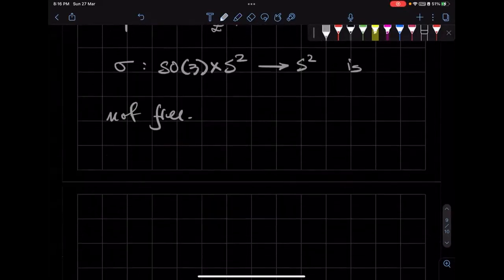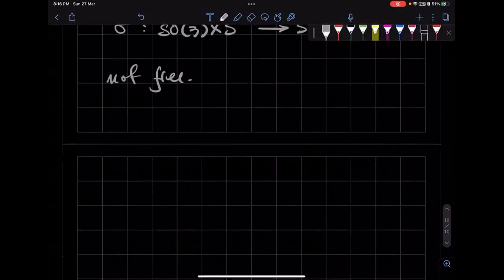So now can somebody give me an example of a group action that is free? Translation. Sorry, can you repeat that? If we translate an object, that would move every point to a new point.